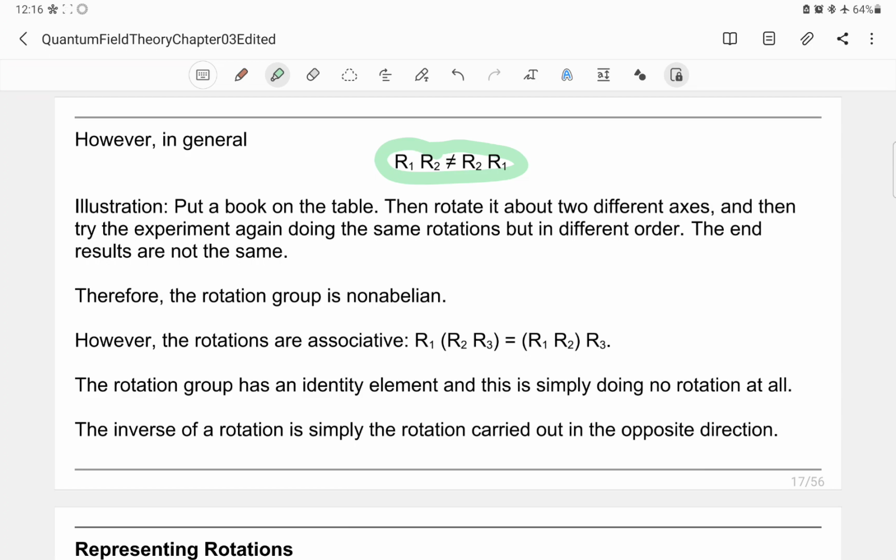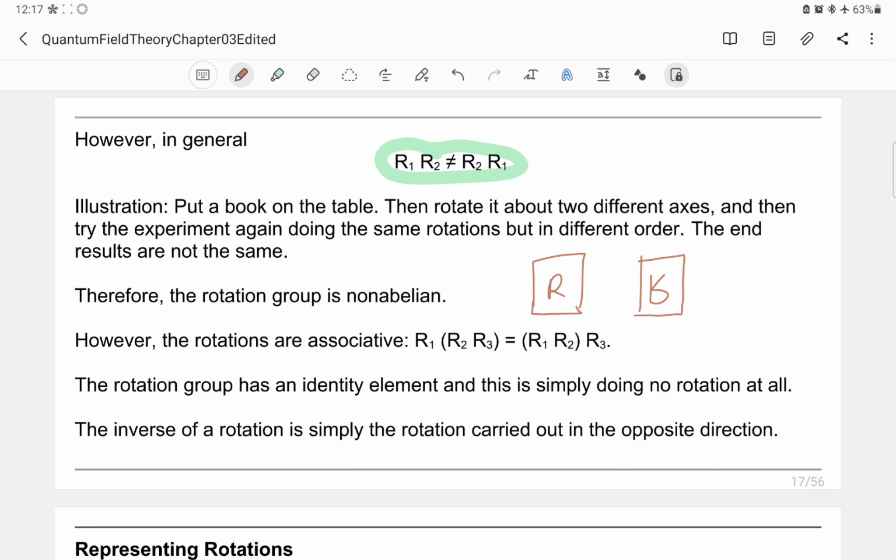So say for example, if you have a book here, R, and we rotate this on the x-axis, for example, this would just look like that one.